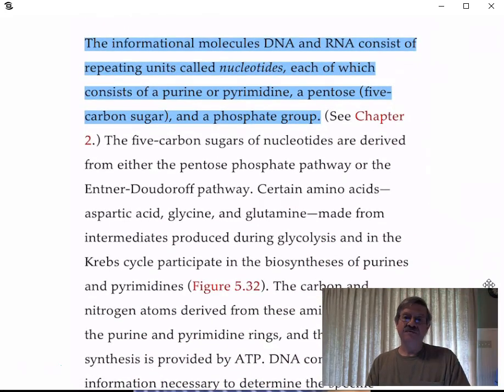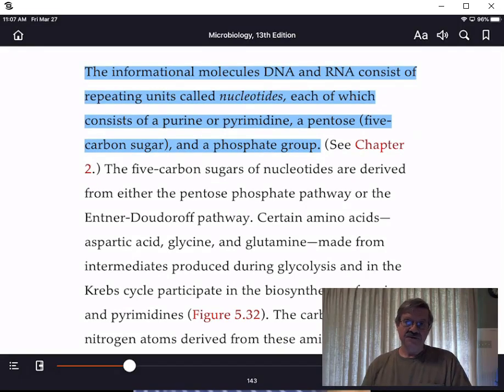These are made up of units called nucleotides. Okay, these nucleotides consist of either a purine or pyrimidine, depending on what type of nitrogen-containing base is a part of that nucleotide, a 5-carbon sugar called a pentose, and a phosphate group.